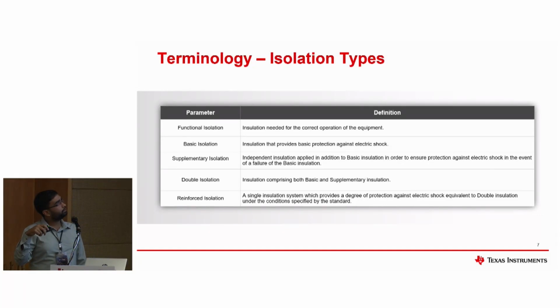The supplementary isolation is not a category of the isolation device, it's rather an additional parallel device that the standard talks about, but combining basic and supplementary isolation gives you double isolation as per the standard. A supplementary isolation component with basic isolation gives you a double isolation.